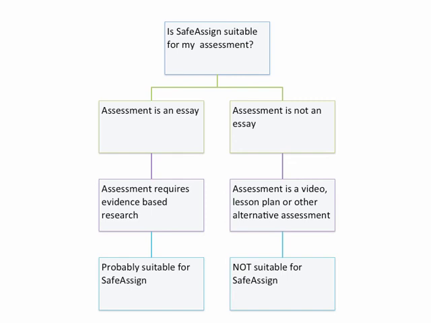Yes, then probably it's suitable for SafeAssign. If your assignment is not an essay, so if you're asking them to do a video, a PowerPoint or something like that, that means it's an alternative assessment, so therefore it's probably not suitable for SafeAssign. The only file types that can go through are PDF and Word and rich text and so on. They cannot put through a PowerPoint or anything else.